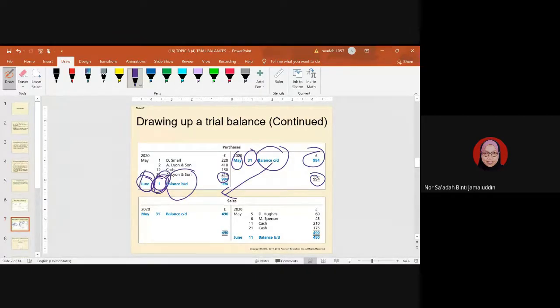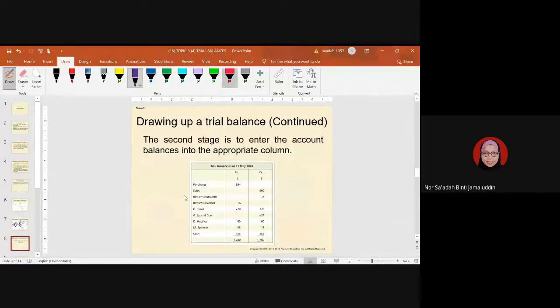And then also for sales, the amount that you should transfer into the TriBalance is the balance BD 994, and the position of the purchases account in a TriBalance must be the real position in the balance brought down. So we go to the next slide. Let's say for the purchases, the balance brought down is in a debit side.